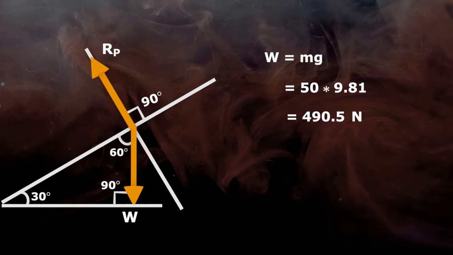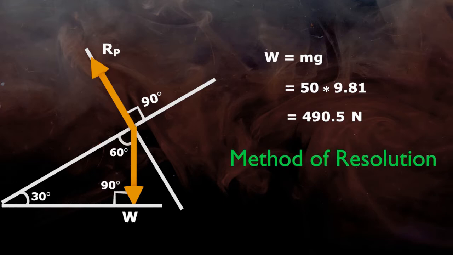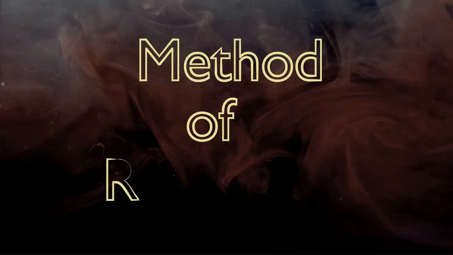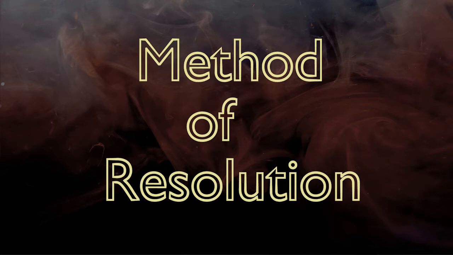Now it is asked to find out the resultant force acting on the box, which can be solved by two analytical methods. One is the method of resolution and another is by using the law of parallelogram. Let's start with the method of resolution. In this method, the first step is to find out components of each force along the selected x and y axis. Reaction Rp makes a 90-degree angle to the x-axis.